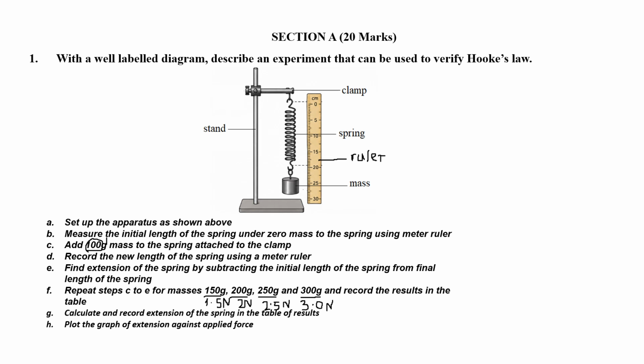You will need these newtons, these weights, if you are doing the actual practical experiment. Remember, here we are just describing the experiment that can be done to verify Hooke's law. So these are the descriptions. Don't worry about these numbers, the 1.5. In this description, you don't need these. Just proceed to say plot the graph of extension against applied force.